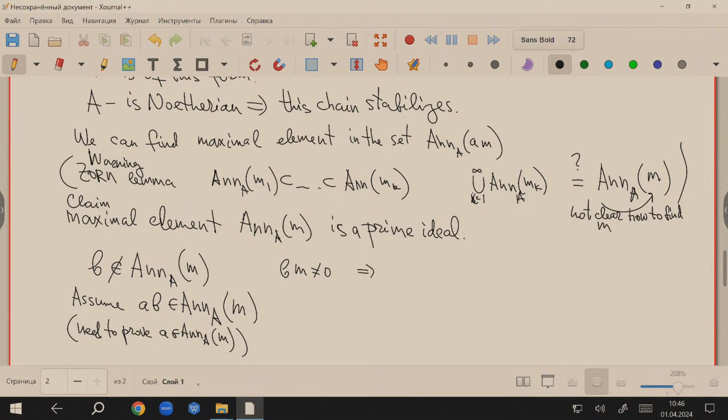This implies, by the previous observation, that the annihilator of M is contained in the annihilator of Bm, and this is a maximal element.